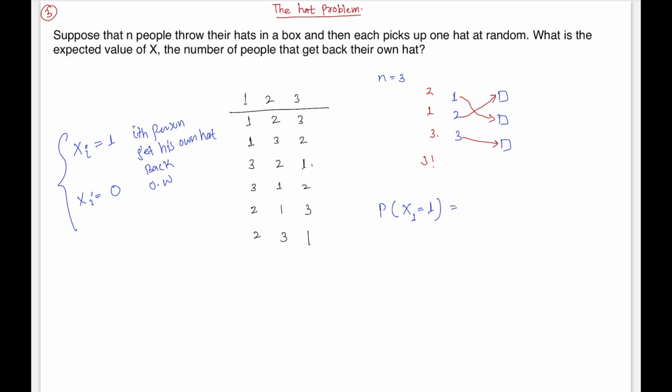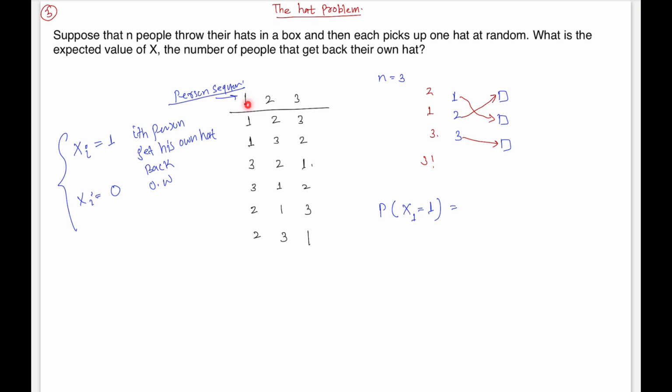So let's look at the case of n equals 3, right? So these are the total possibilities, and these are the person sequence, right? And these are the sequences of the possibilities in which they can get their hats, right?